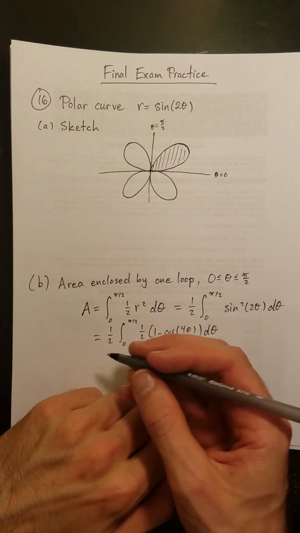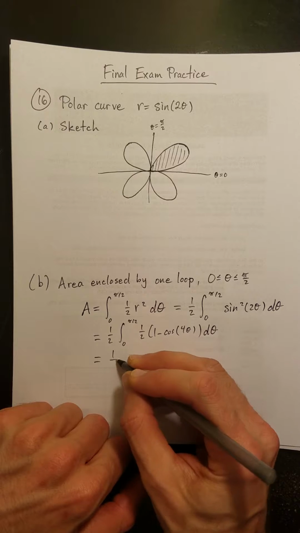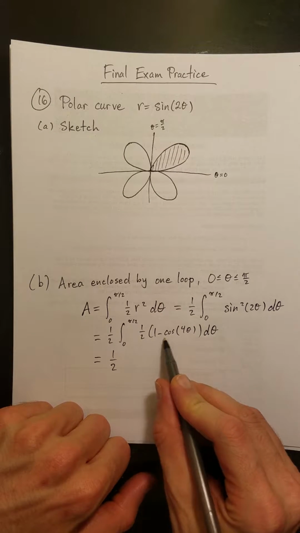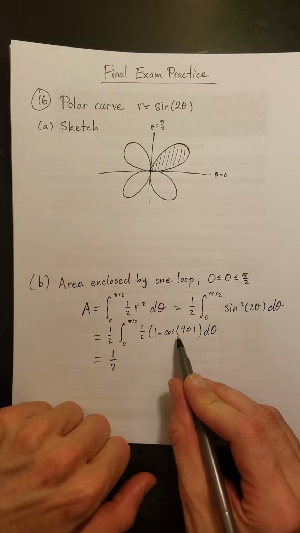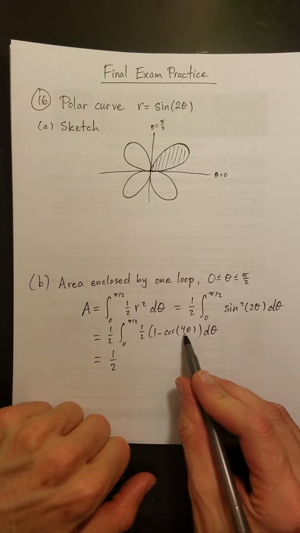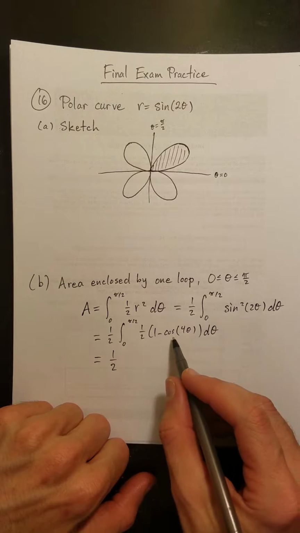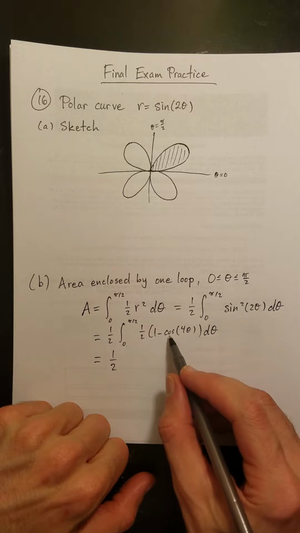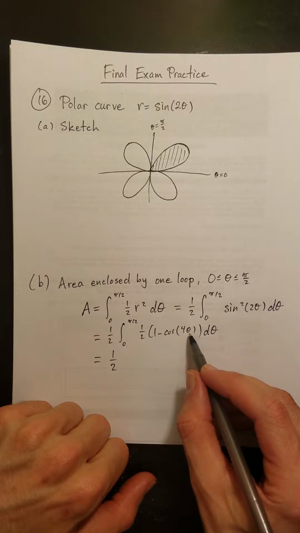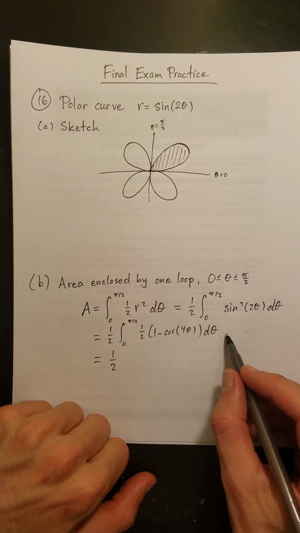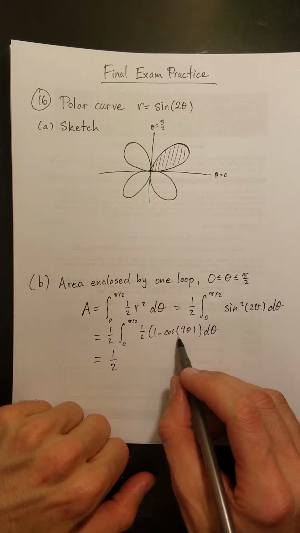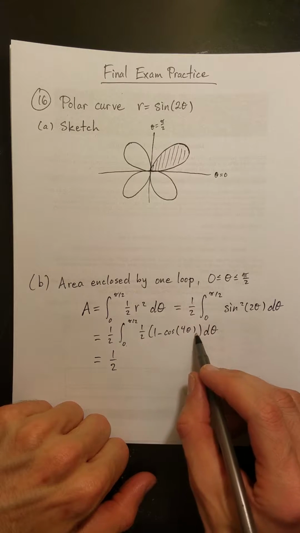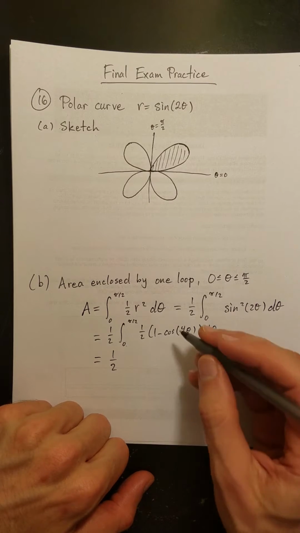One way to think about this next step is that I have a cosine of 4 theta. The period of cosine is 2 pi. So as theta goes between 0 and pi over 2, the argument runs between 0 and 2 pi. And so this is an integration of cosine over a full cycle, so it'll actually just cancel out.